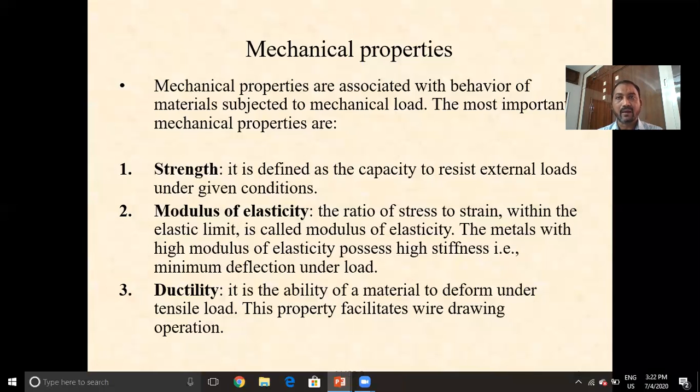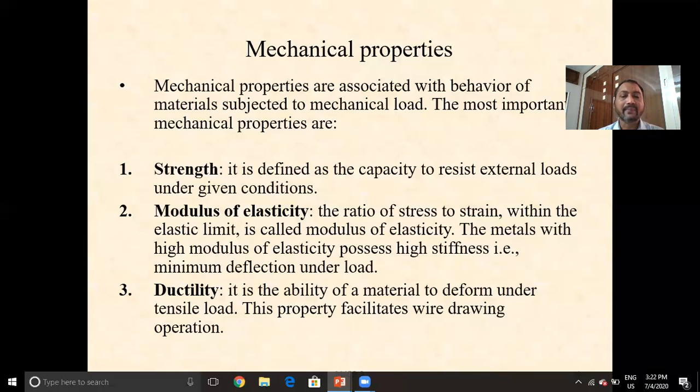If we take cast iron, copper, gold, silver, and mild steel, mild steel has the highest value of E. Generally, E for mild steel is about 2.0 into 10 power 5 newtons per square millimeter.